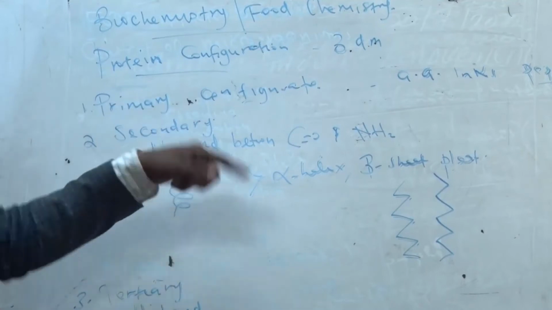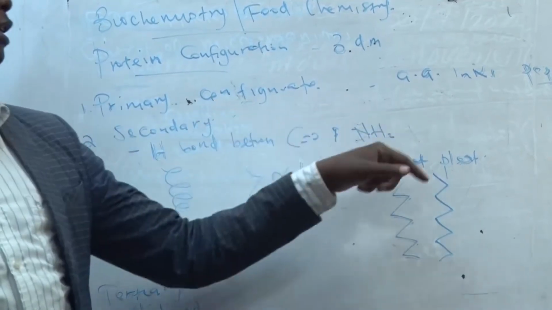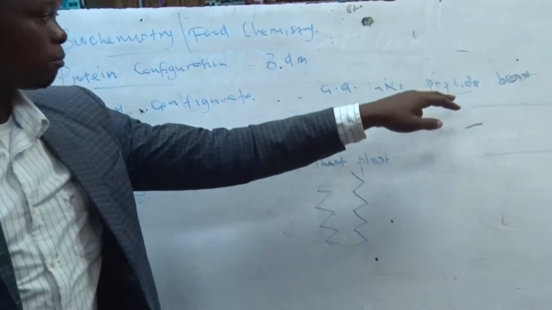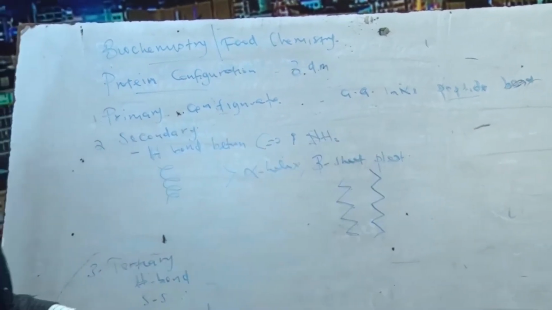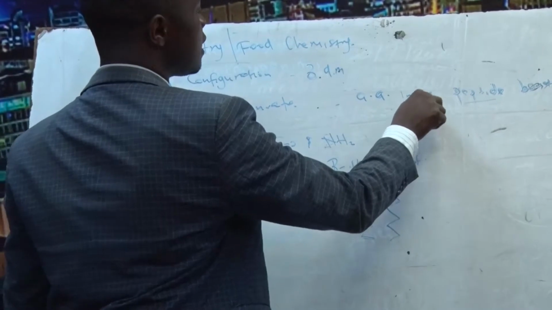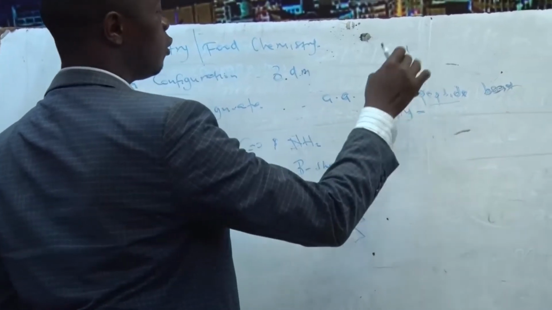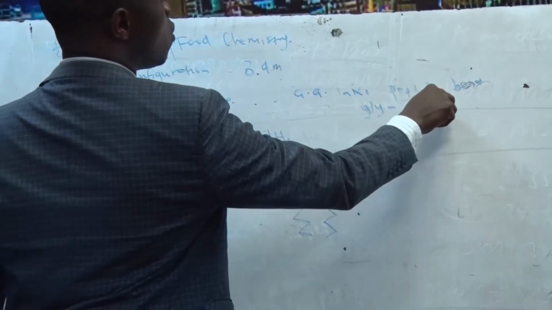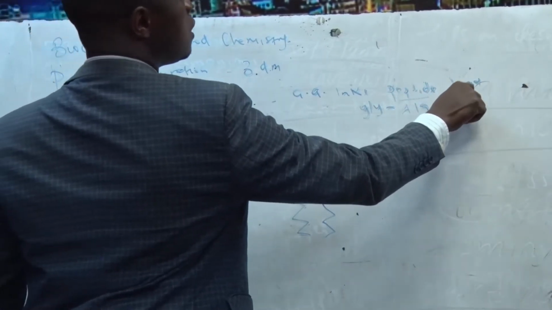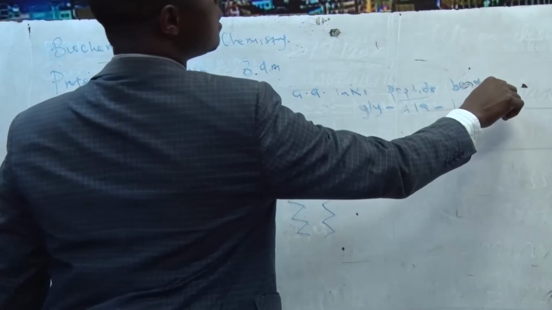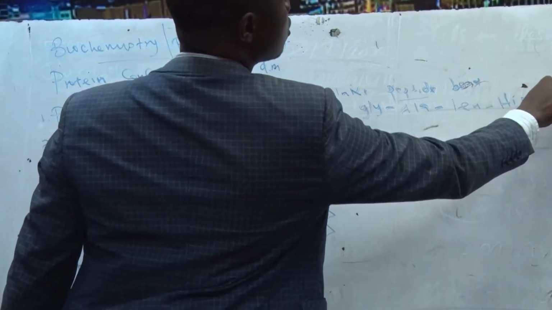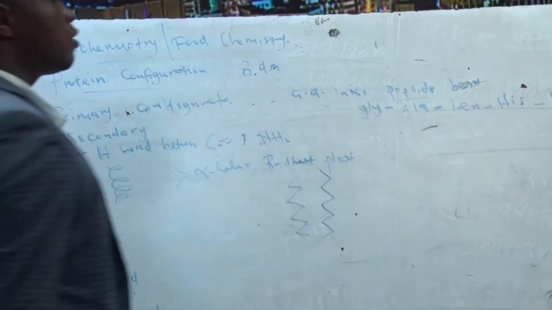That is primary configuration: amino acids linking among themselves through peptide bonds to form long chains. For example, we can have glycine linking through peptide bond with alanine, with leucine, with histidine, with isoleucine, and so on.